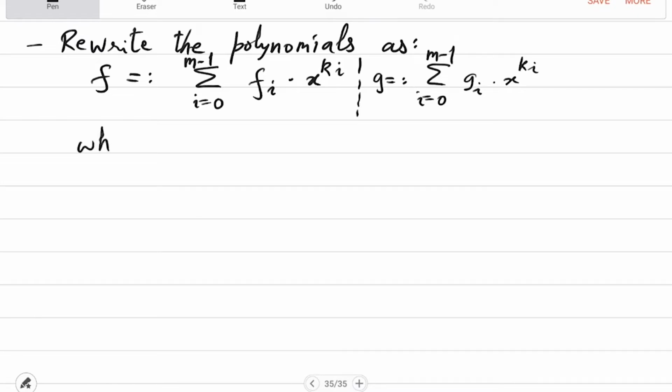Where you take k to be square root L. So to be precise, let's take floor of square root L by 2.